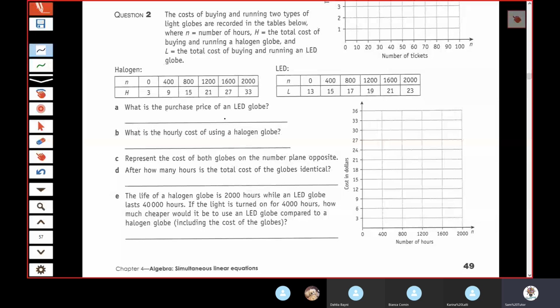What is the purchase price of an LED globe? Think about it. N, number of hours that it's running, total cost of buying and running. Okay, what is the purchase price?